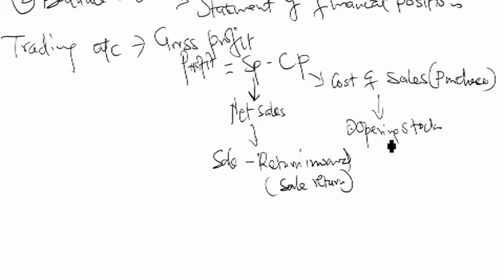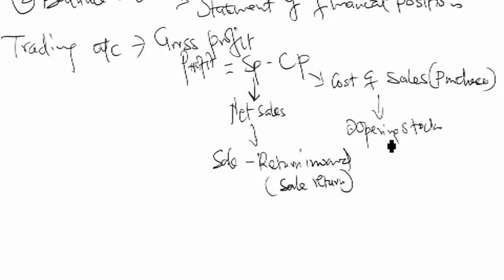That opening stock was the purchases that we made in the previous year, but some remained and we carried it forward to the current year. So probably the closing stock of last year is what we have as opening stock, which we can now sell in this year.